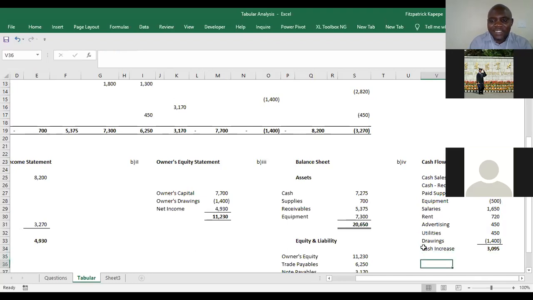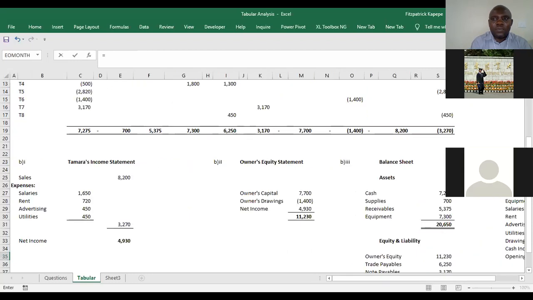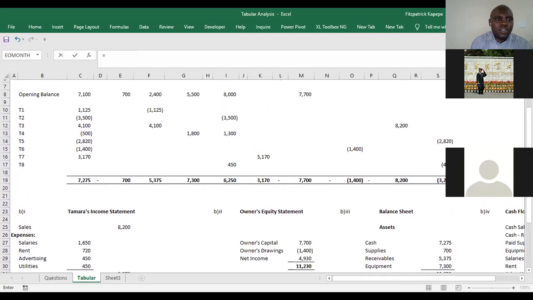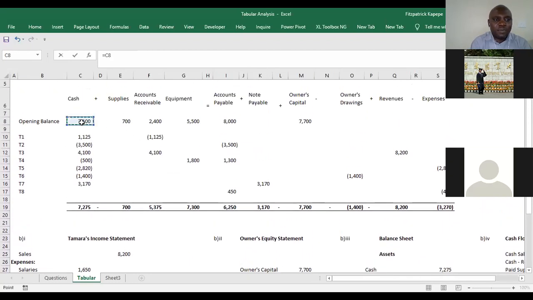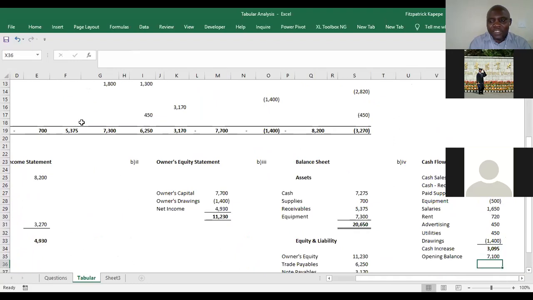If it's an increase, then you look at the opening balance. The opening balance of cash was how much? 7. How much was that? 7.1? Yeah, 7.1. So we'll see there could be certain things that we haven't taken care of. There's one thing that we haven't taken care of.